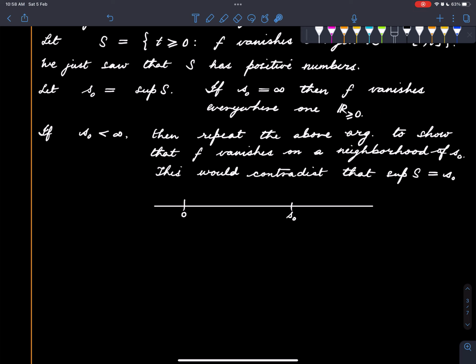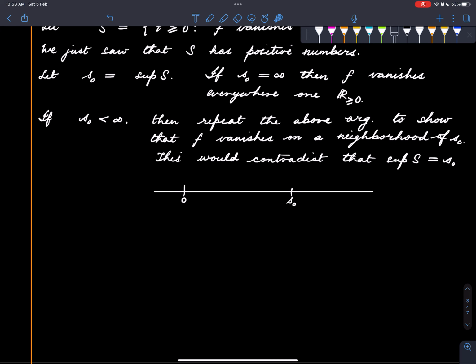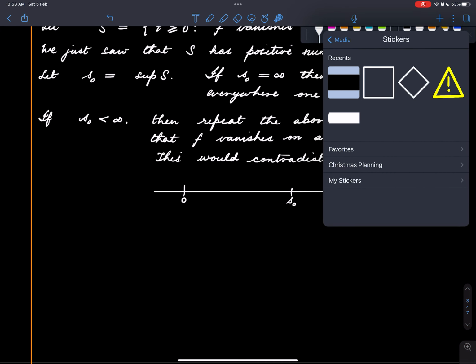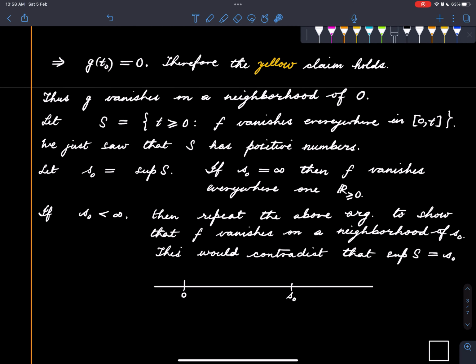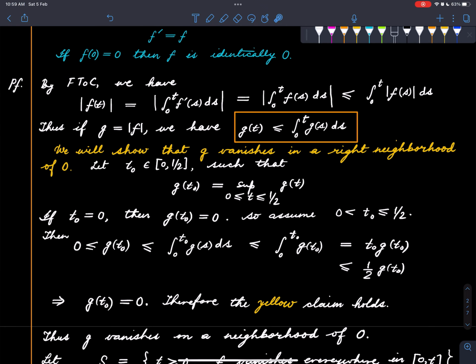And hence f vanishes everywhere, and that's it. And we are done. I'm not writing those details, but that's a proper argument. So here the details that I have skipped, you should take them as an exercise and write down your own proof. But the main meat of the argument is this. All right, wonderful.